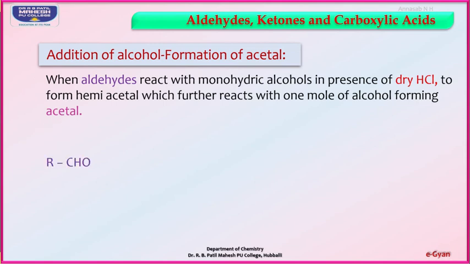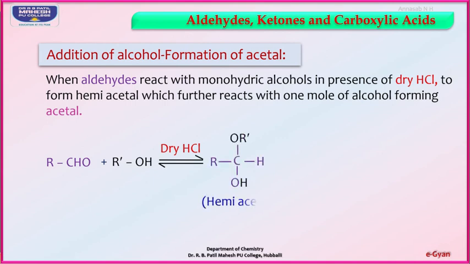Example, RCHO that reacts with R-OH. So this R-OH is now alcohol. In presence of dry HCl it forms hemiacetal. Please remember the formula and the definition also, what are hemiacetals and what is acetal. This hemiacetal reacts with another mole of alcohol and gives RCH(OR)2, that is acetal.